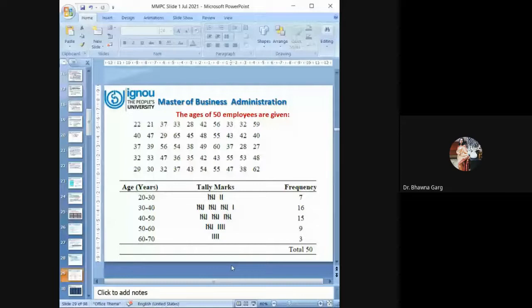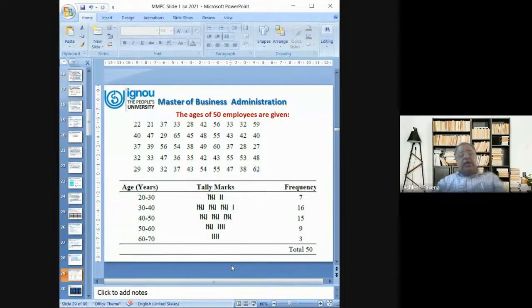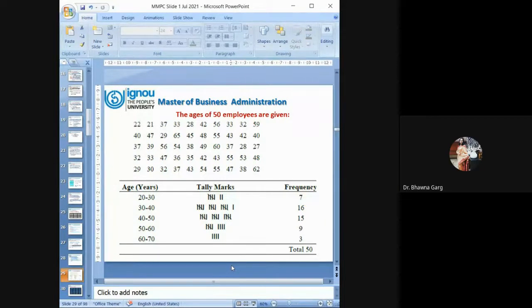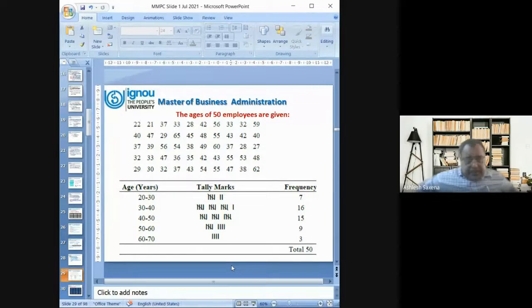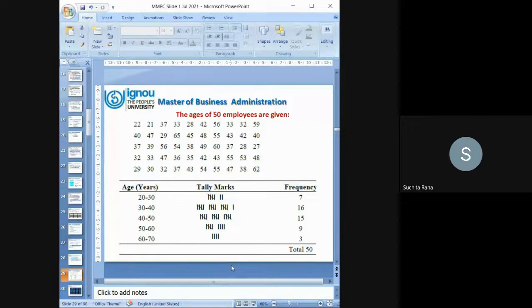Will the tally for number 60 come under the fourth row or the fifth row? Fourth row. It is included in the fourth row. Numbers more than 60 should be included in 60 to 70, because we presume that the class starts from 51 to 60.